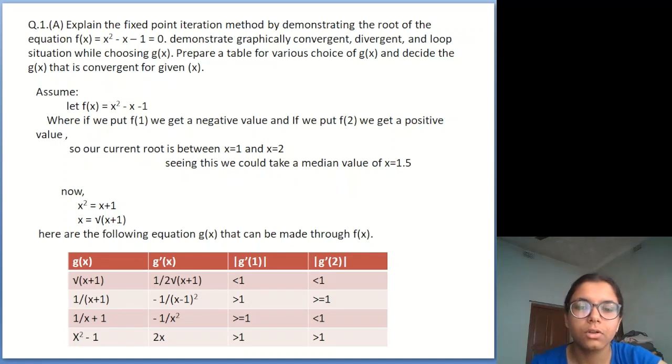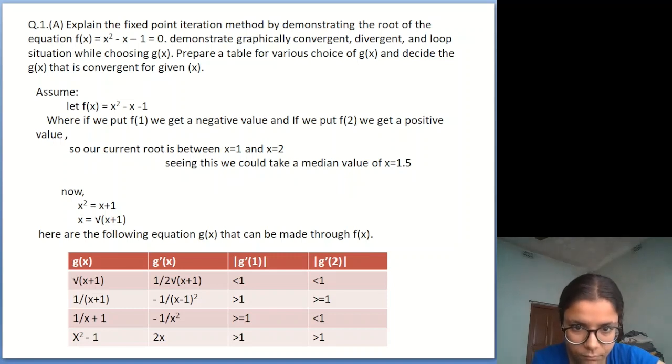My goal was to make such a kind of form, so I firstly took the x square to the left side and took all the terms other than x square to the right side, and then found the value of x, and now we could say that x = root of (x + 1).